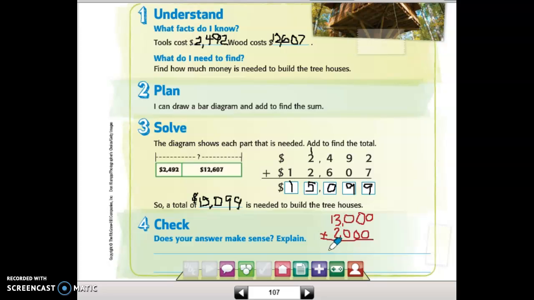So I've got 15,000 as my estimate, which is very close to my actual sum of 15,099. That tells me that my answer is reasonable and I did not make mistakes with my addition. Okay, there's the first problem.